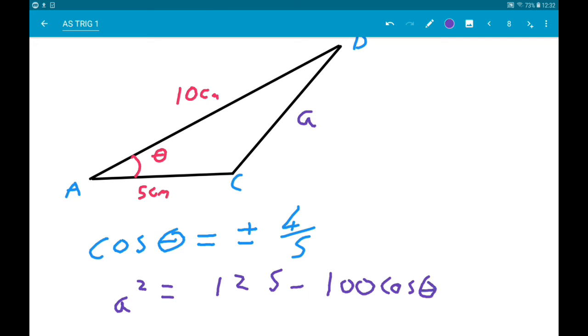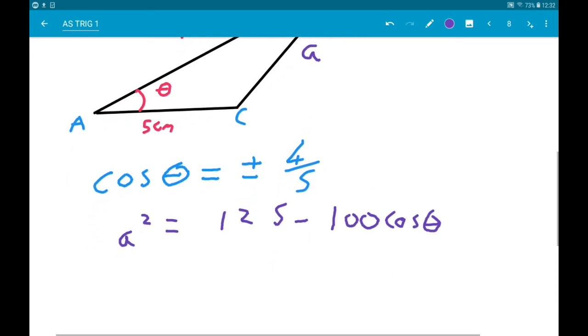Now, we want that to be as big as possible because BC is the longest length. So, we are using cos theta equals minus 4/5. So then the minus becomes plus. So minus 4/5 is minus 0.8.